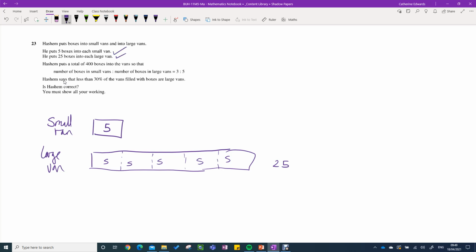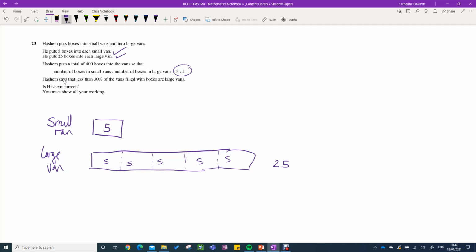We've done this. He puts a total of 400 boxes into the vans so that the number of boxes in small vans to the number of boxes in large vans is 3 to 5. Okay, so here's my small vans to large vans.